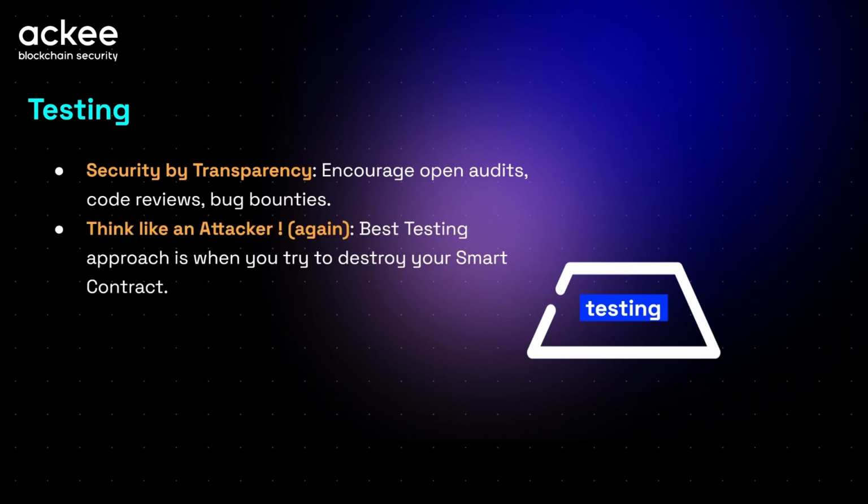Again, think like an attacker. The best testing approach is when you try to destroy your smart contract. On the other hand, of course, test correctness of the program, but test also the vulnerable parts. Try to break the program, try to input incorrect, invalid or unexpected inputs to your smart contracts.